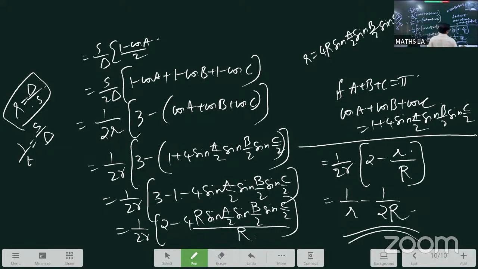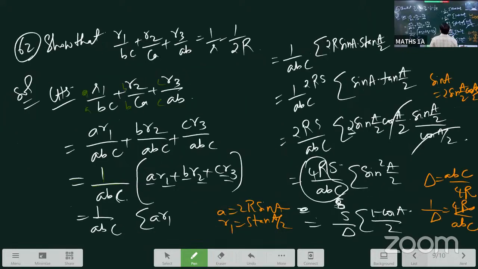Once again, you can have a look for 1 minute at the formulas. Every formula I wrote in each and every step, whatever formula I'm using. Is it clear?